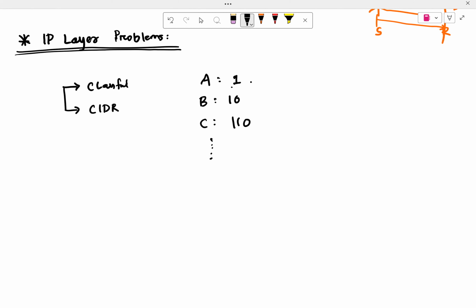In class A, the first 8 bits are network and the remaining 24 bits are host. In class B, the first 16 are network and the next 16 are host. In class C, the first 24 are network and the next 8 are host.